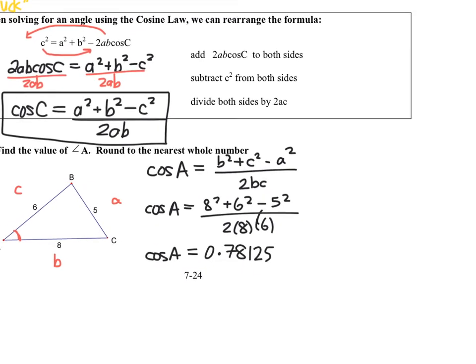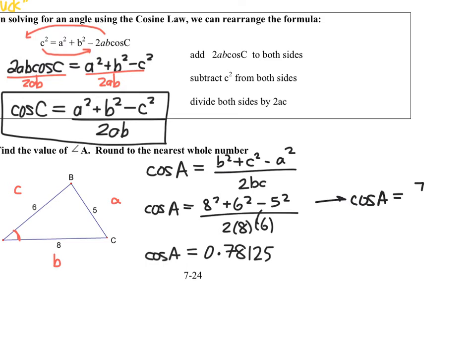A side step here could have been cos A equals 75 for the top, and then 2 times 8 times 6 is 96. Then you can take the cos inverse of that, or you could turn that to a decimal and then take the cos inverse. It's totally up to you. You're going to get the same answer either way.